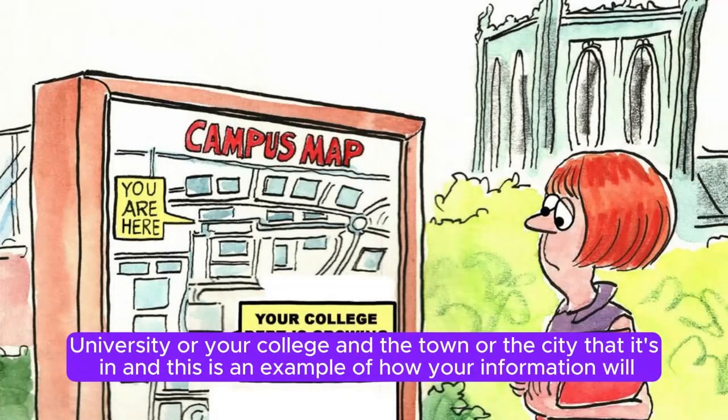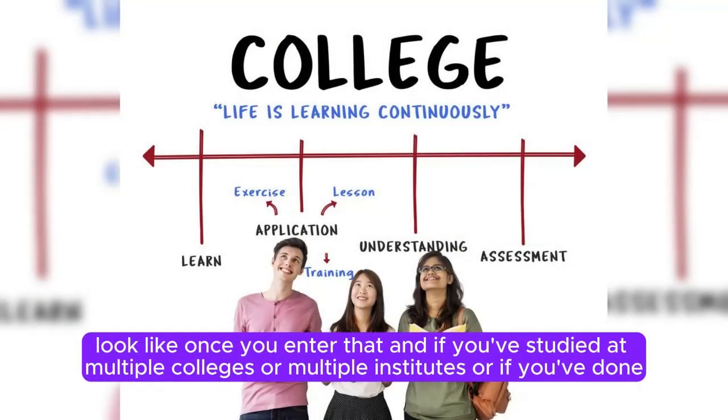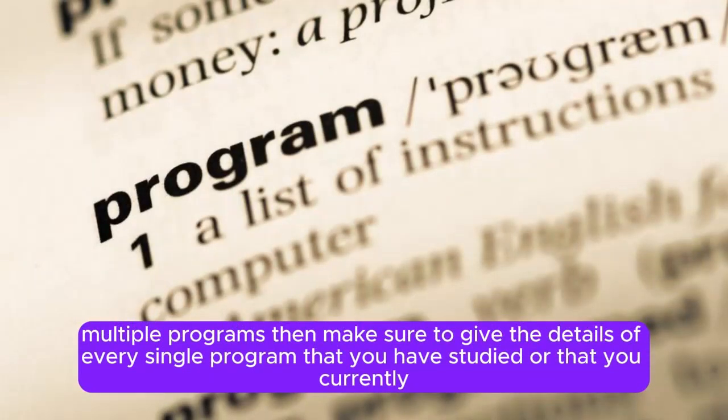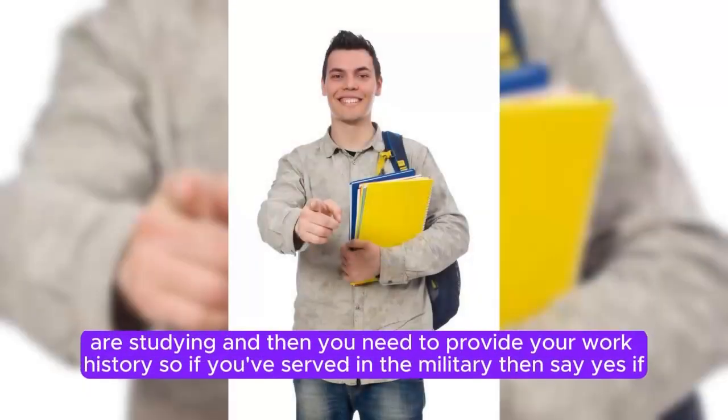And this is an example of how your information will look once you enter that. And if you've studied at multiple colleges or multiple institutes, or if you've done multiple programs, then make sure to give the details of every single program that you have studied or that you currently are studying.